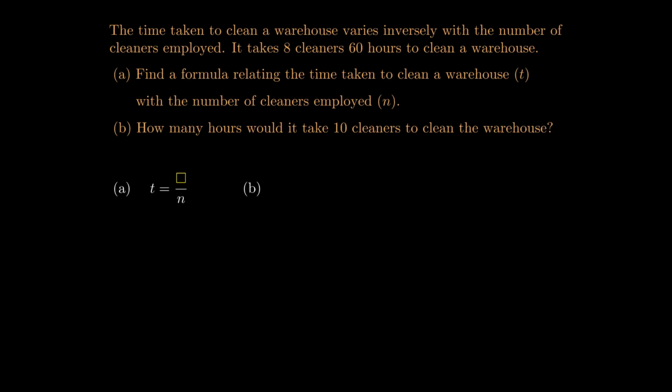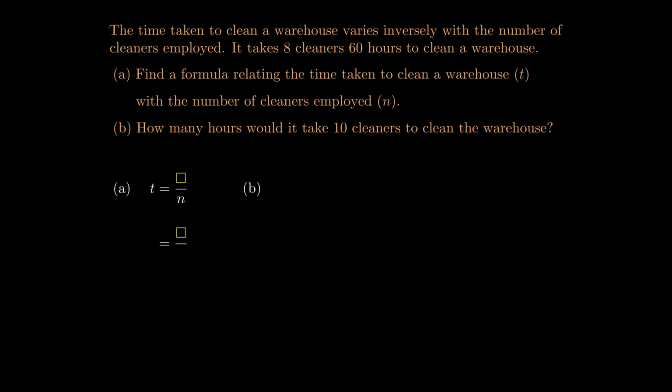Part A is to figure out this formula, which really means to find that fixed number that lives in the yellow box. So to do that, we write the equation again, but this time we put in the given values that we know, which is that it takes 8 cleaners 60 hours to clean the warehouse.